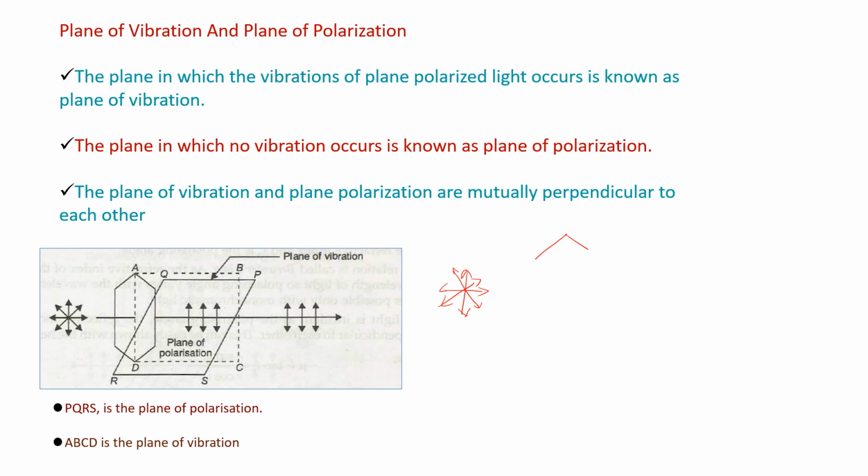If this unpolarized light is passed through this polarizer which has a vertical plane of transmission, only these vibrations are allowed to pass. So this is plane polarized light. So what is the plane of vibration then? This is the plane polarized light where vibrations are taking place in this plane.